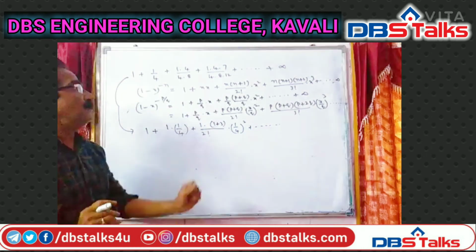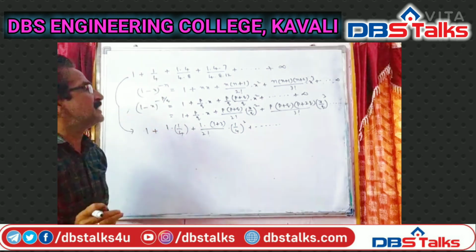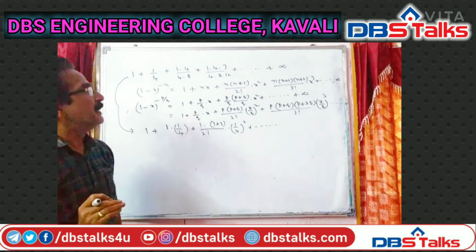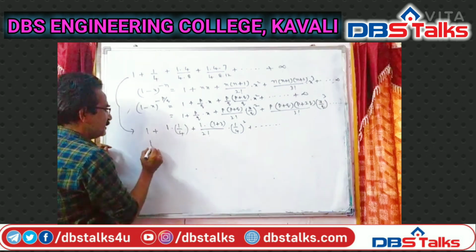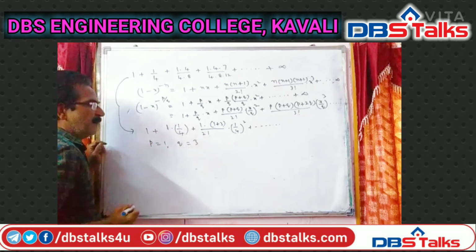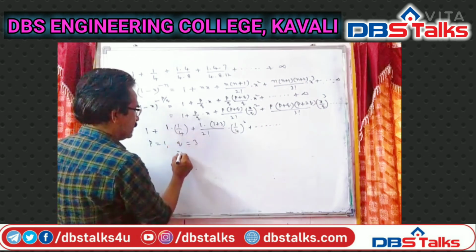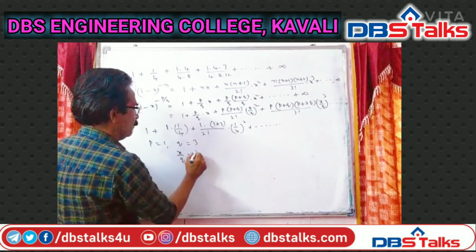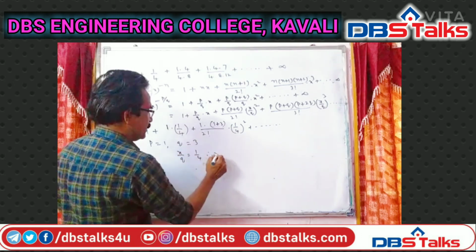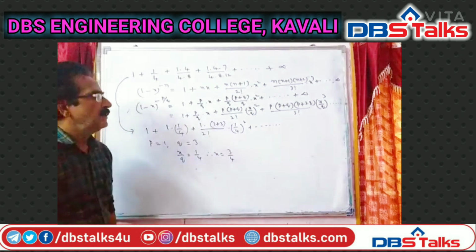So here p is 1, q is 3, and x by q is equal to 1 by 4. With q equal to 3, therefore x is equal to 3 by 4.